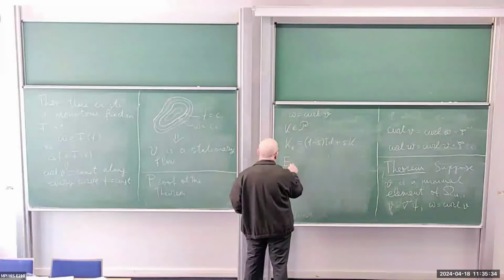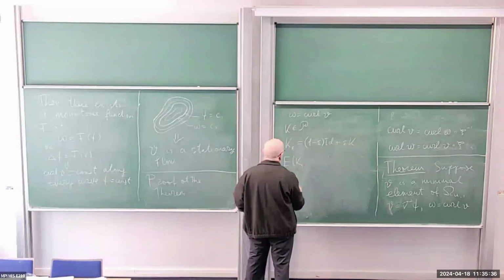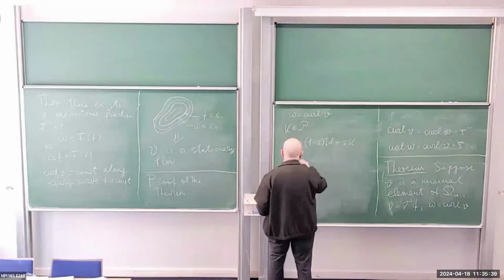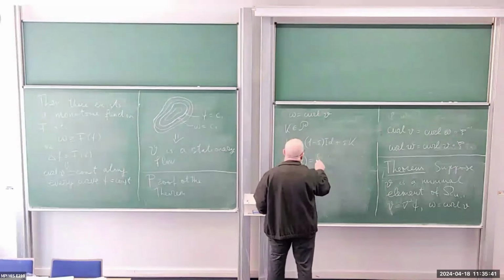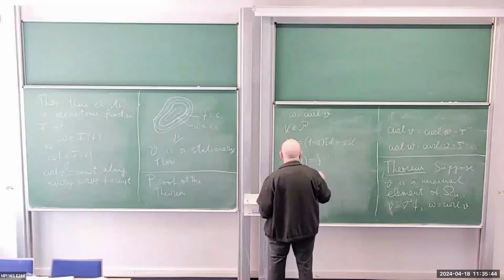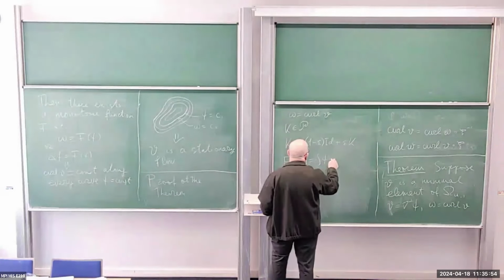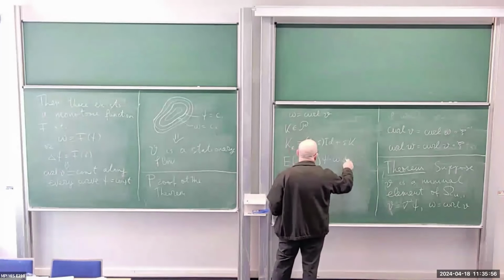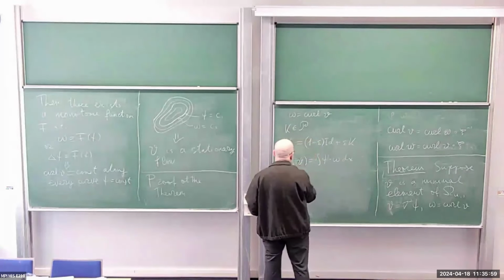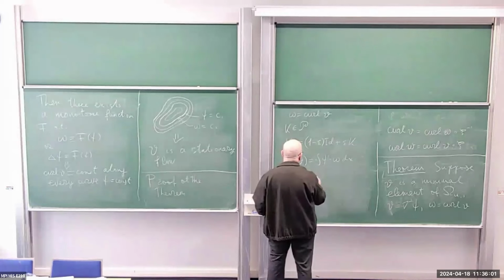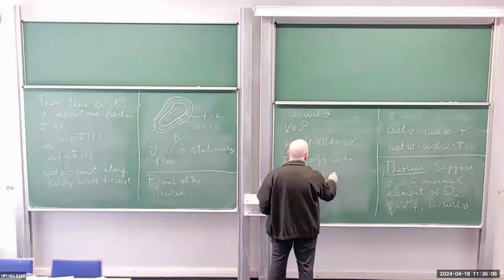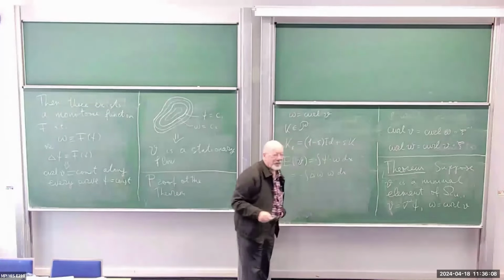Energy of K epsilon of V equals minus integral T omega dx equals minus integral, what is T, delta minus 1 omega times omega dx.